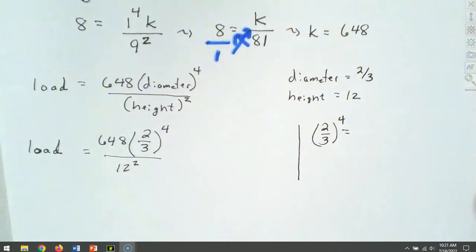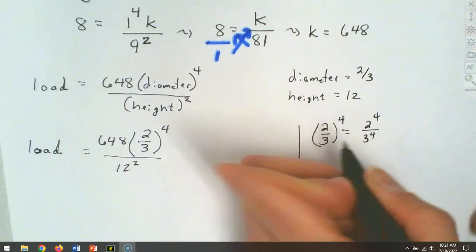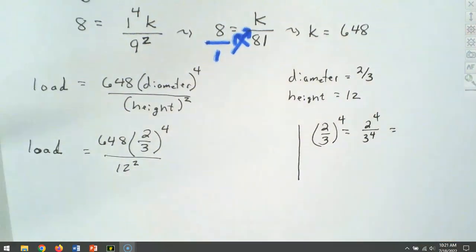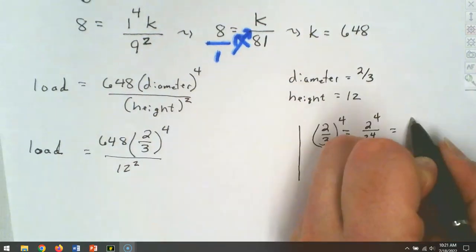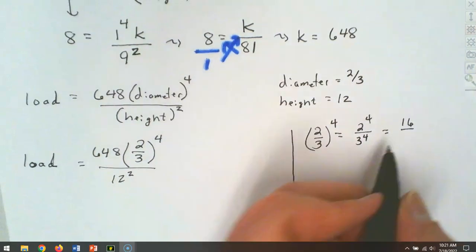2/3 to the 4th power would be 2 to the 4th over 3 to the 4th. And 2 to the 4th power is 16. 3 to the 4th power is 81.